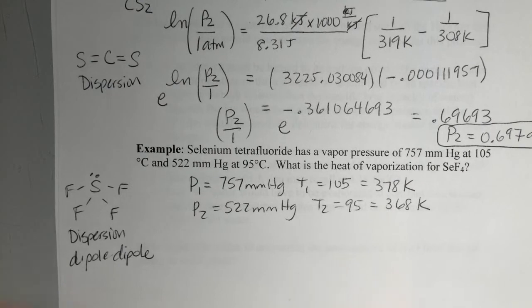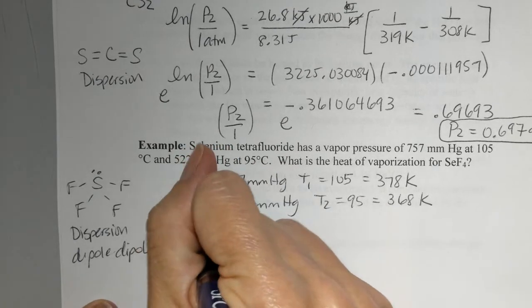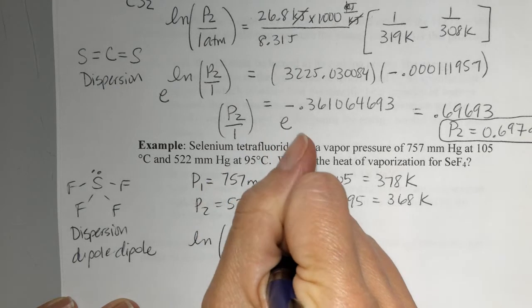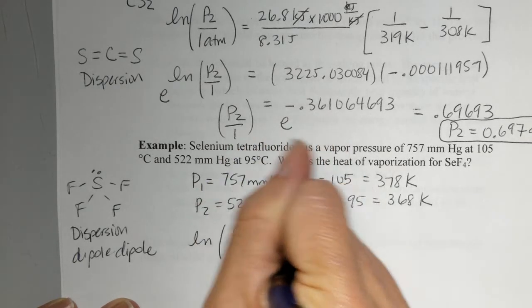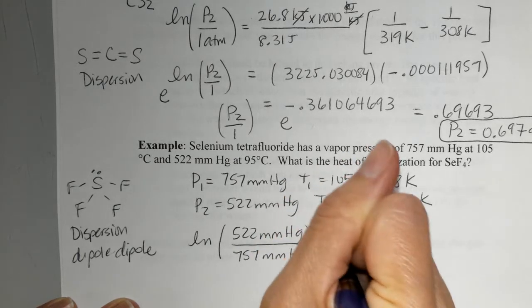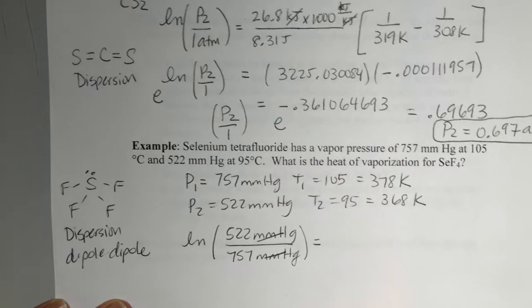So when I look at my formula here for the Clausius-Clapeyron, I've got ln of P2, 522, over P1, 757. The units of pressure will cancel out.